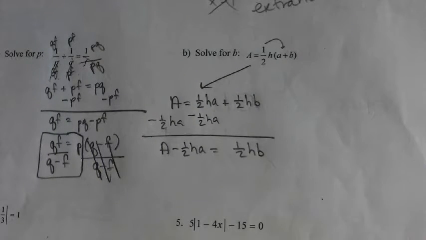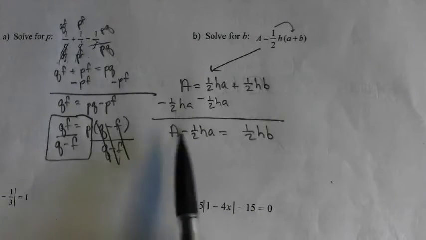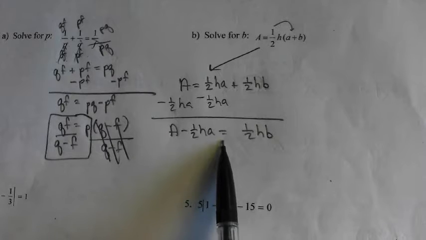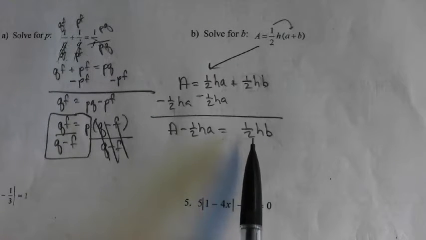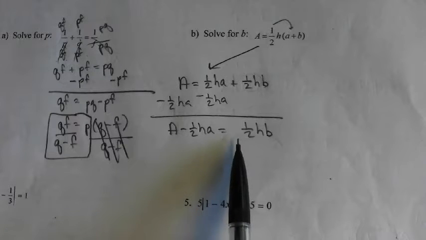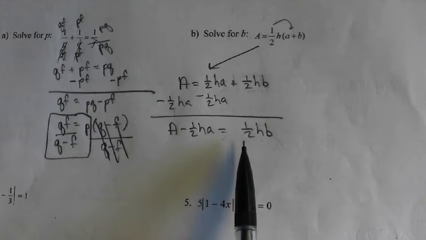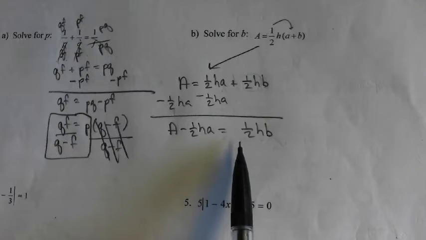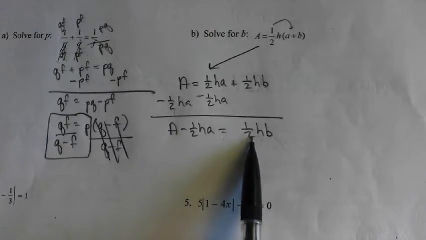And then Faith, last step. Well, I just get an A on the one side. These are actually different A's. One's capital, one's lowercase. So you would just divide by 1/2 H. Now this is a little bit tricky because we don't really want to divide by a fraction ever. So multiply by the reciprocal, 2. It's a little bit unnatural, but you might want to split that up into 2 separate steps.